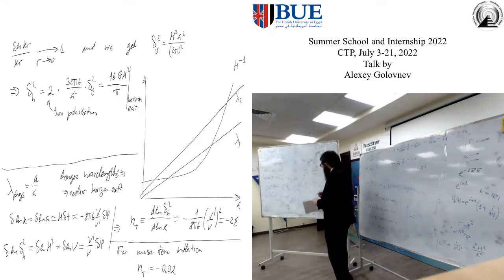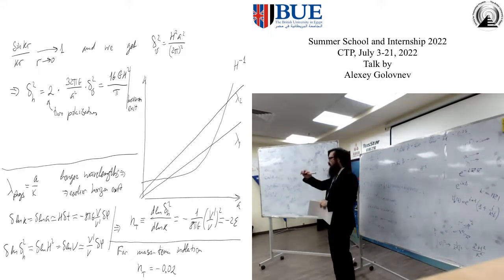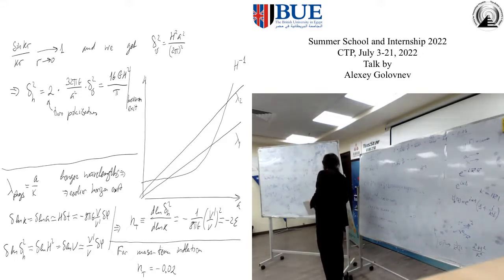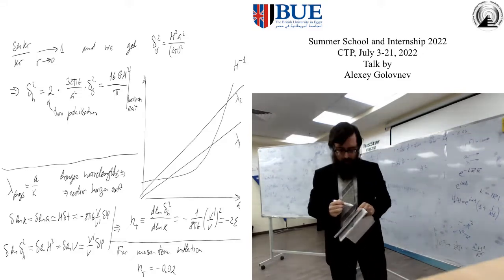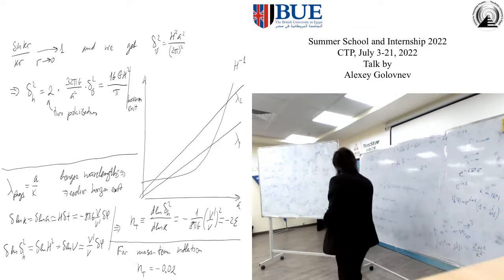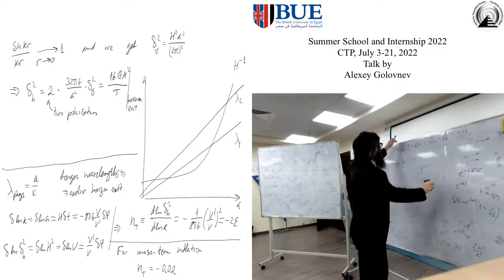And in principle, since the mode becomes constant after crossing the Hubble scale, basically I have to take the value of h at the time of horizon crossing. At the time of horizon crossing. And then let's look at what happens.